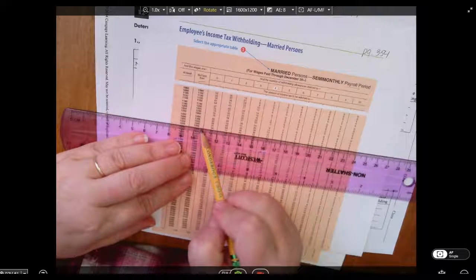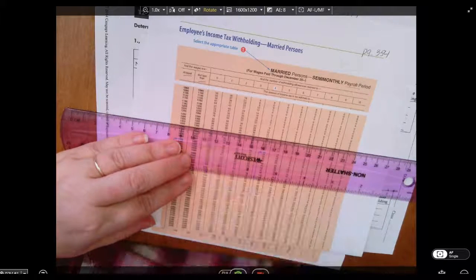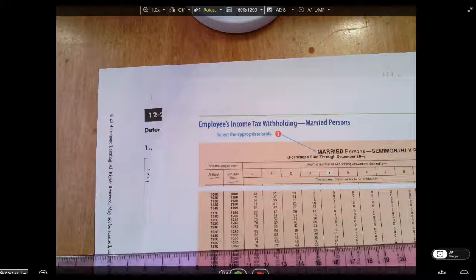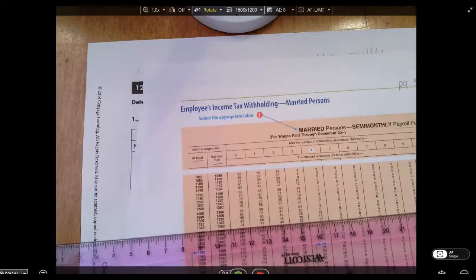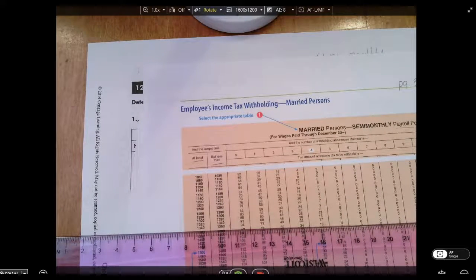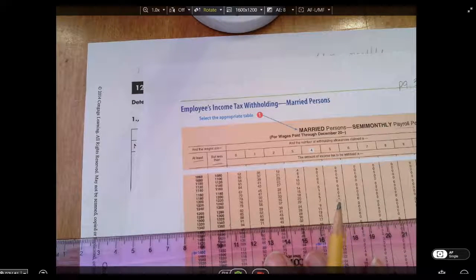Does he make less than $1,360? No, he doesn't.